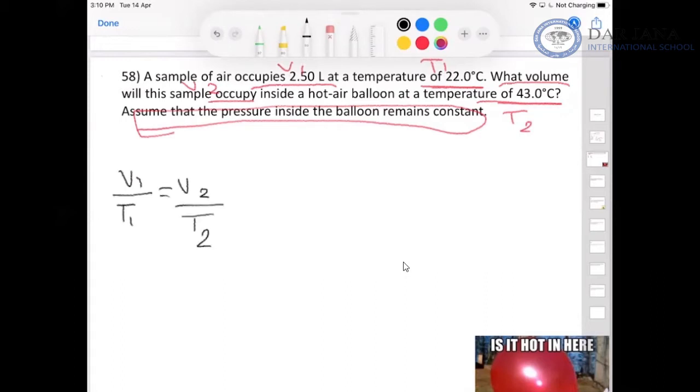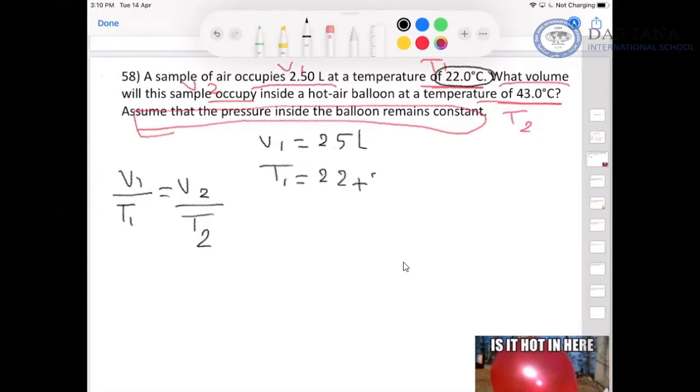Now let's go back to the question. See that the temperature here is given in Celsius, right? Remember that you have to convert it into Kelvin. So in the question, V1 is 2.5 liters. T1 is 22 degrees Celsius.